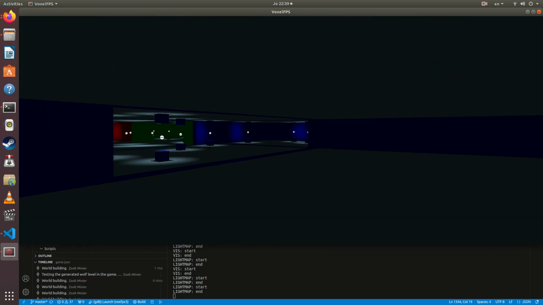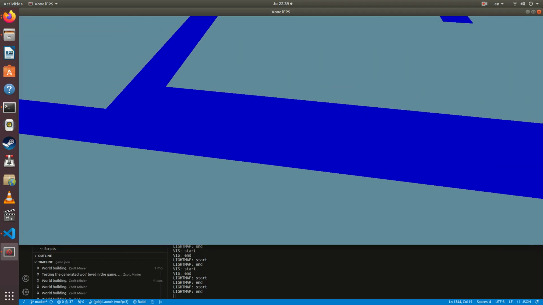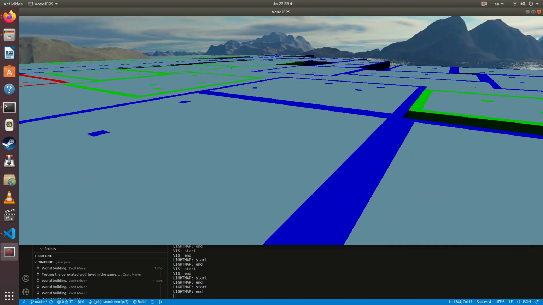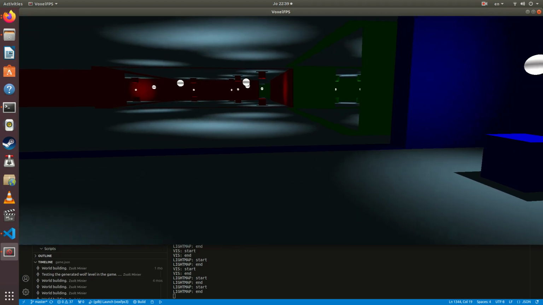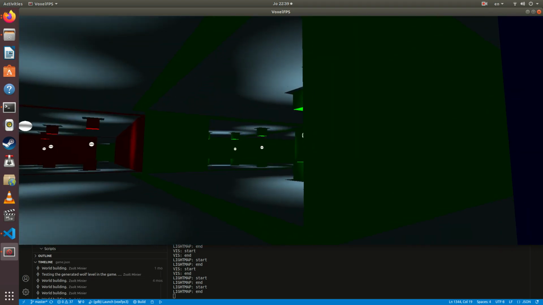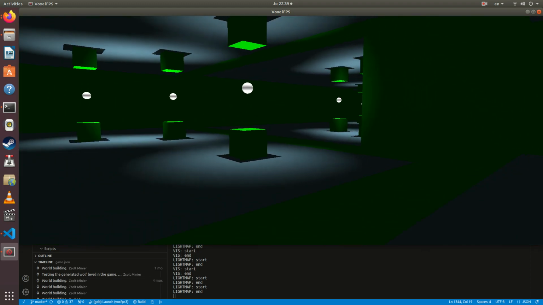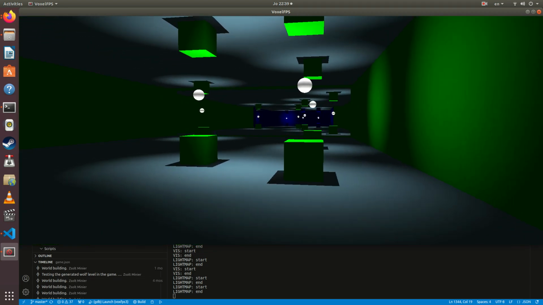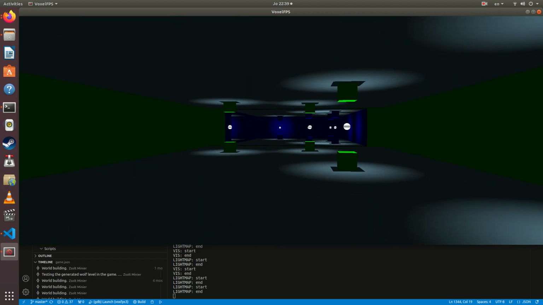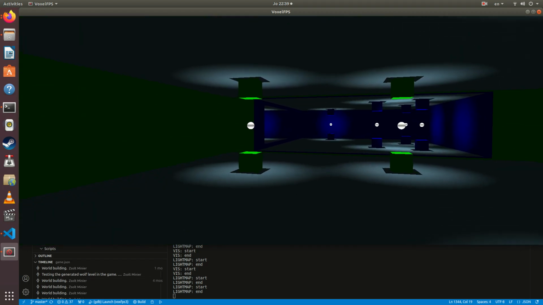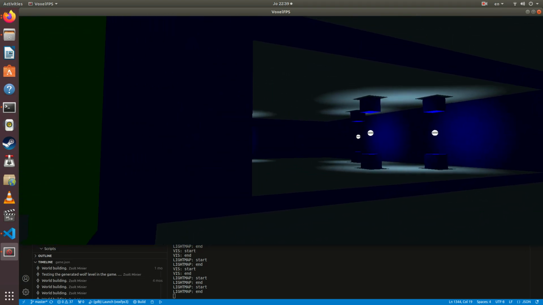There are still some bugs to be fixed, but it kind of works decently. Sometimes you can still see the skybox, and you shouldn't be able to see it because this should be a watertight level, but yeah, to be explored. So I think this is it for now.